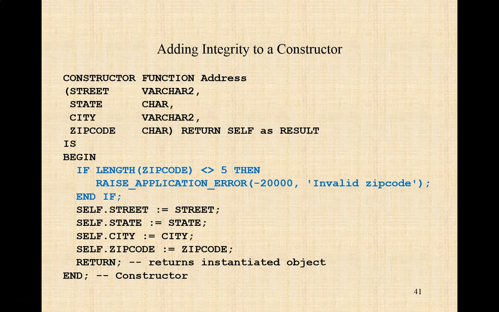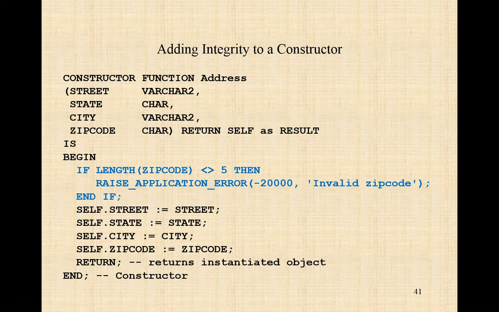Because this check is performed within the constructor, it's performed when the object is instantiated, not when the object is stored. And what happens if the value supplied causes this exception to be thrown? The object will not be instantiated.